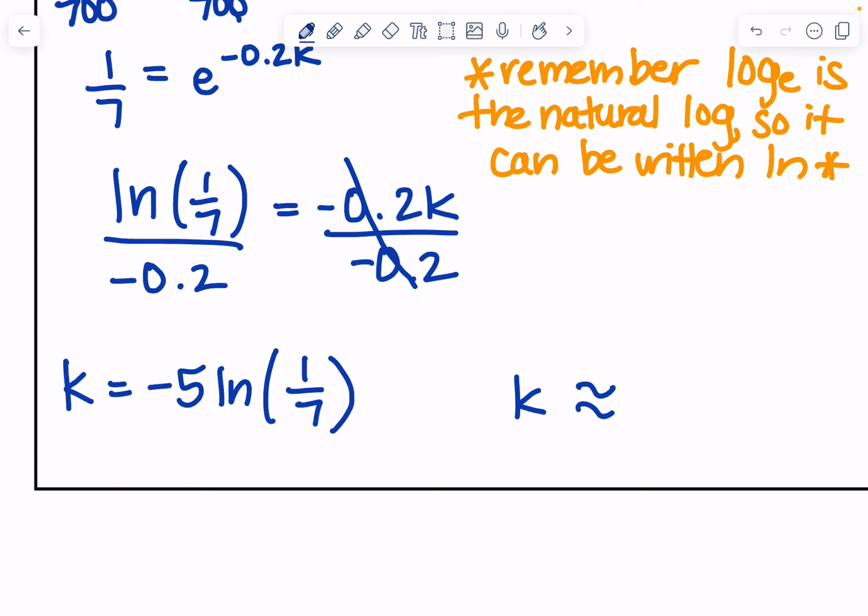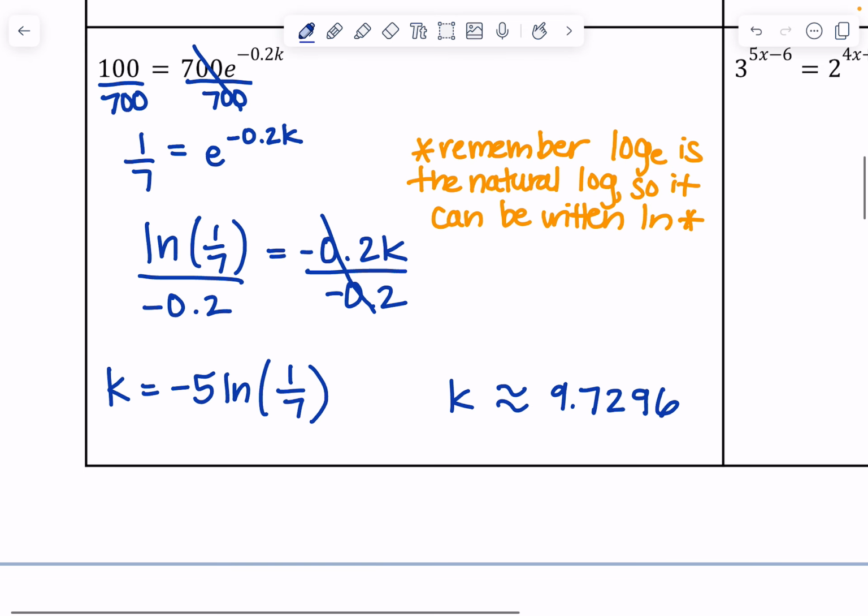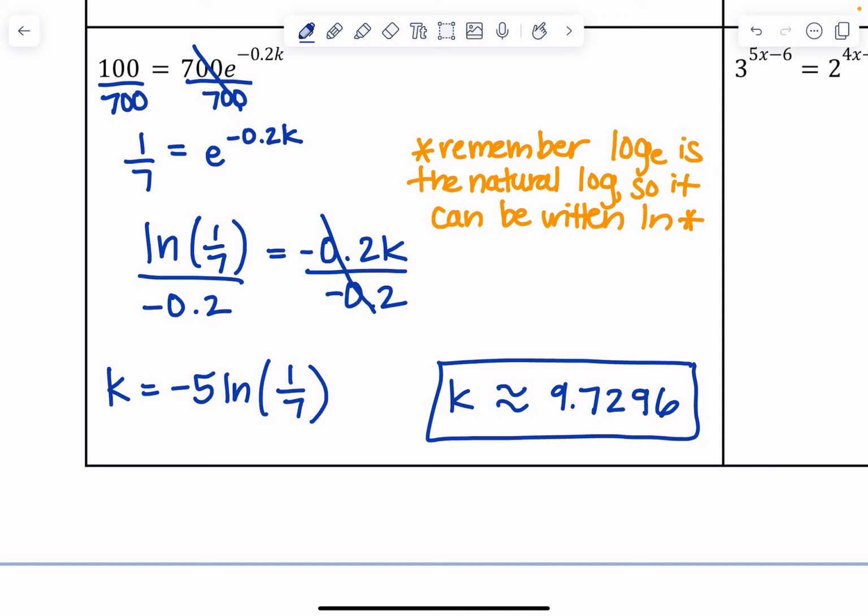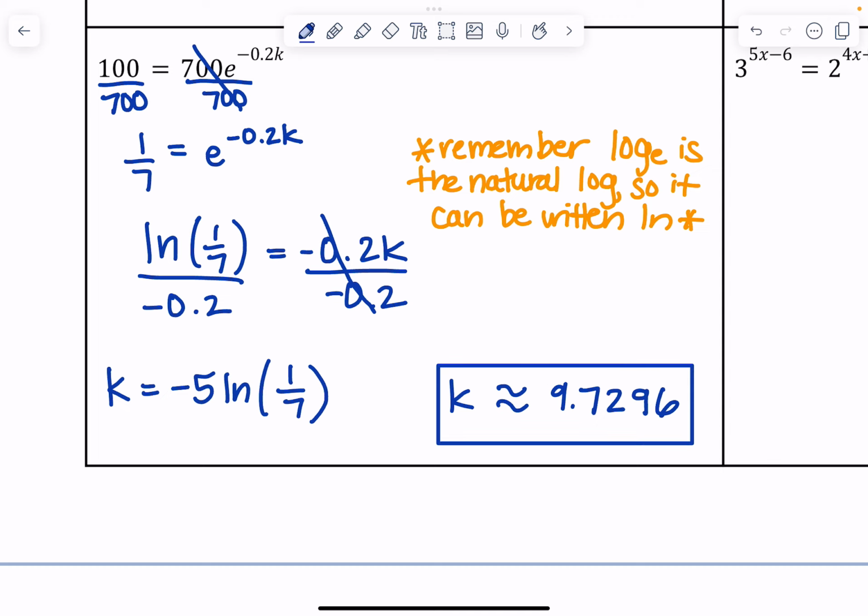And I do want to approximate that. Let me double check this. Negative 5 ln of 1/7, and I get 9.7296. So I'm writing a lot of decimals, but you can kind of write what you want here. Great.